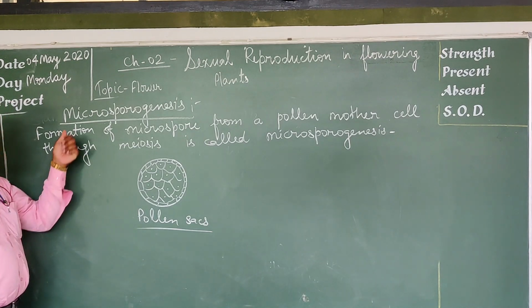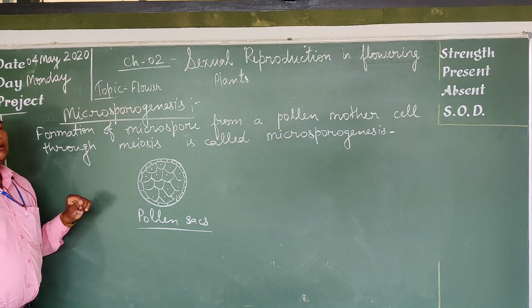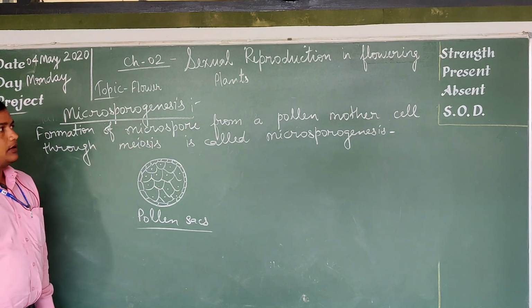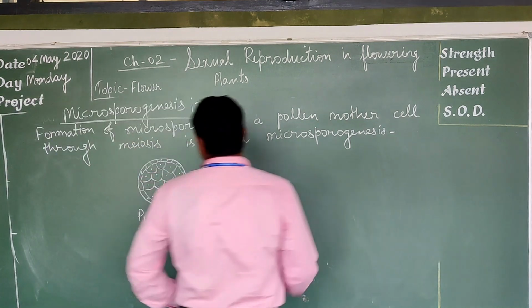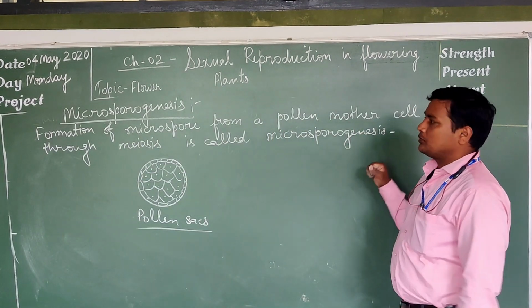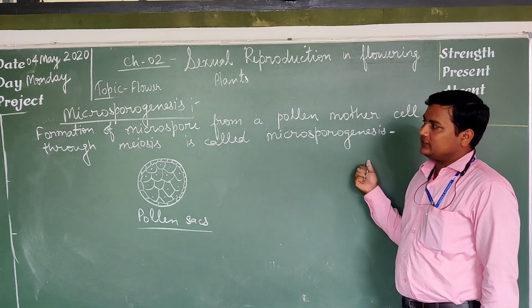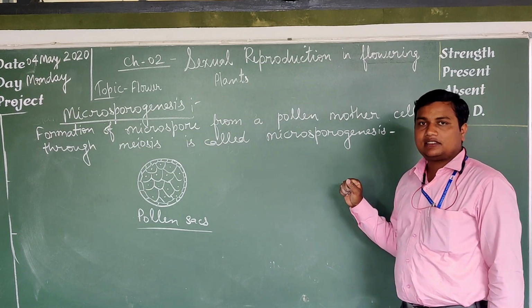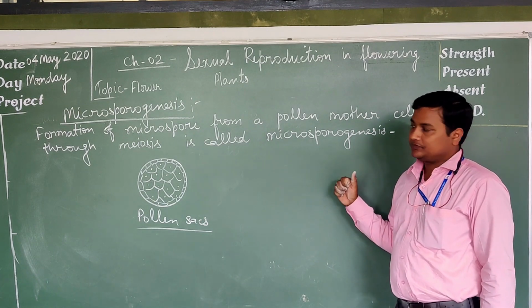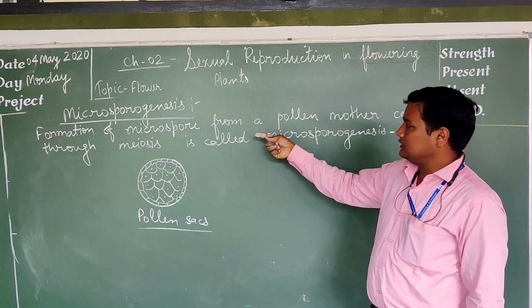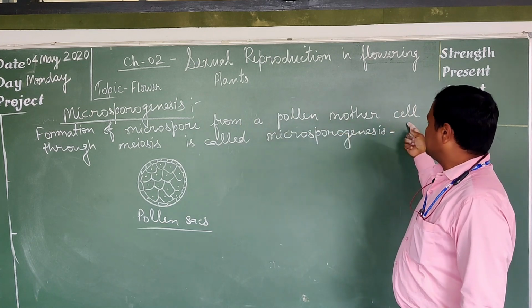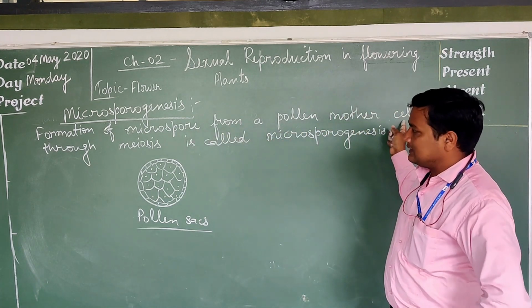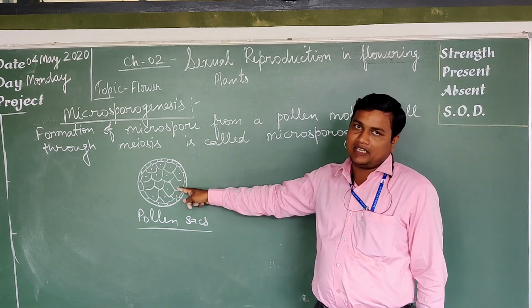Now students, it's microsporogenesis. Microsporogenesis is the formation of microspores from a pollen mother cell through meiosis. It is also a kind of gametogenesis. Microspores are also known as pollen grains, and pollen mother cells are present inside the pollen sac.